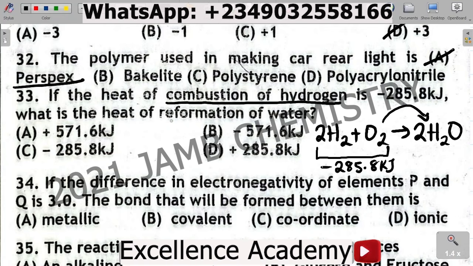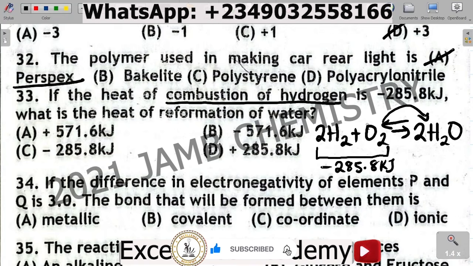Now, if you're looking at the reformation of water, this is the direct opposite of what we already have here. That means water coming back to hydrogen and oxygen. It is the reverse, also known as the decomposition, which will have the same value of heat but opposite sign.